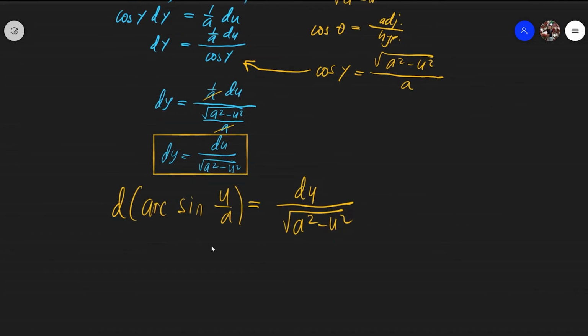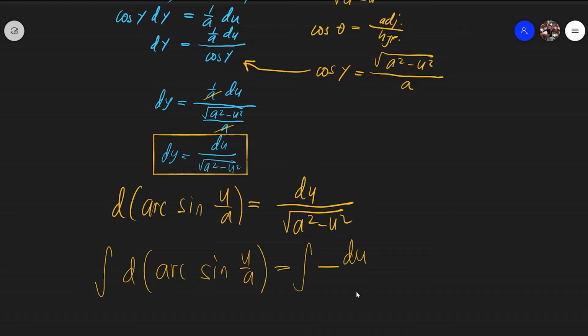Now from this, you can also find the integral of the inverse trigonometric function. If you get the integral of both sides of the equation, you will have the integral of the differential of arcsine u over a equal to the integral of du over the square root of a squared minus u squared. The integral and differential here just cancel out. So arcsine u over a is equal to the integral of du over the square root of a squared minus u squared.